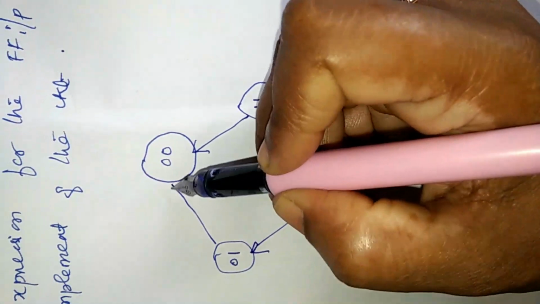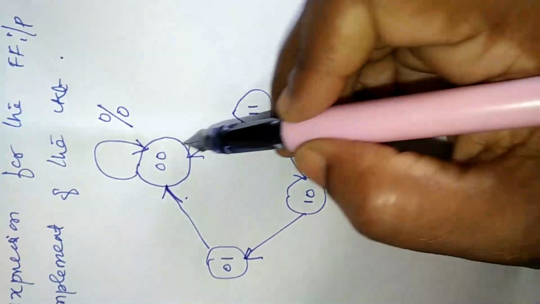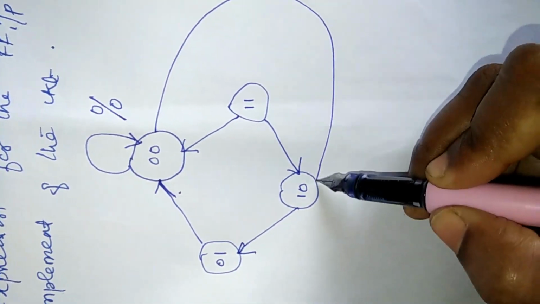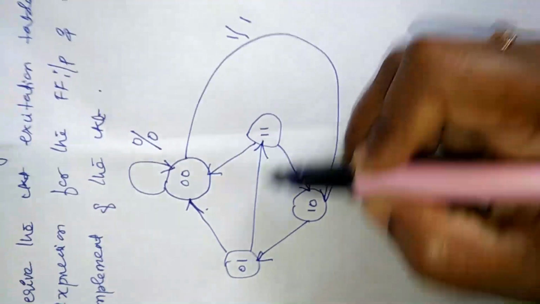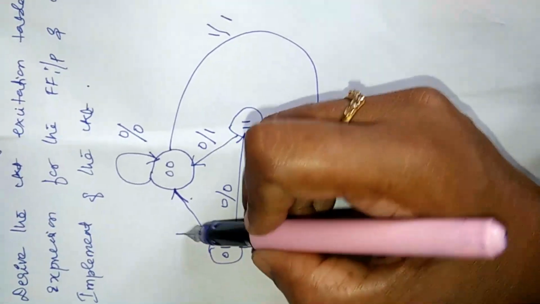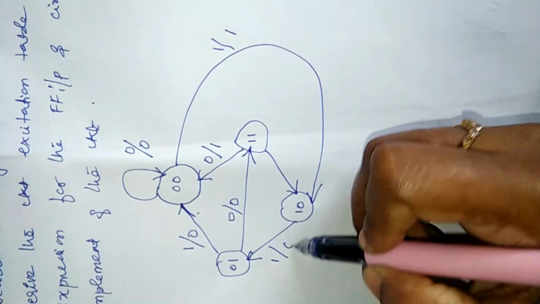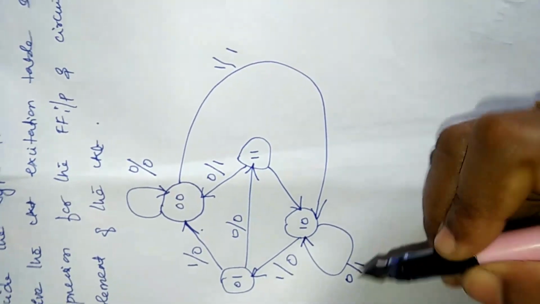You have 0 by 0, 1 by 1, 0 by 0, 0 by 1, 1 by 0, 1 by 0, and 0 by 0.